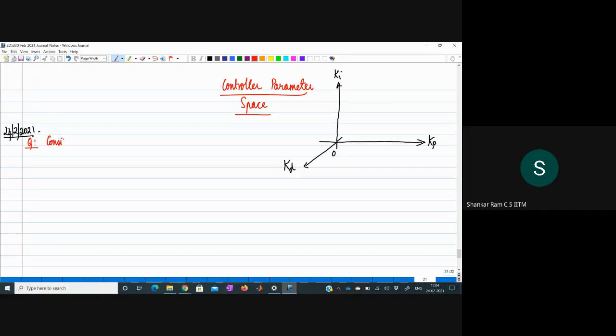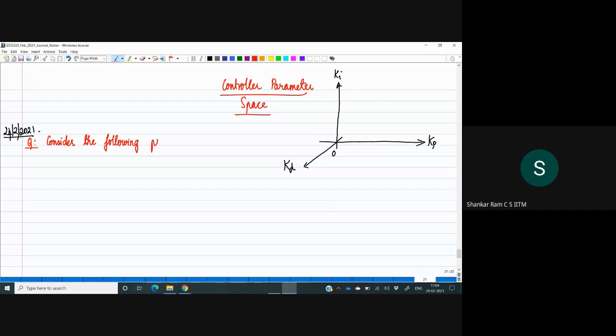So consider, let's say that someone gives us the specification: the settling time should be less than 4 seconds, and peak overshoot should be less than or equal to 10%.